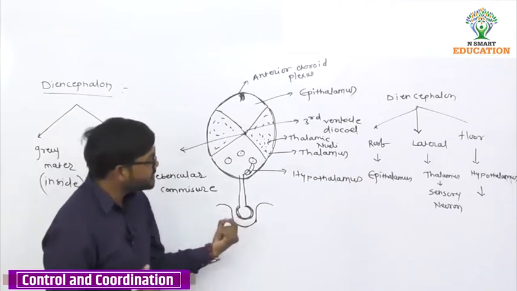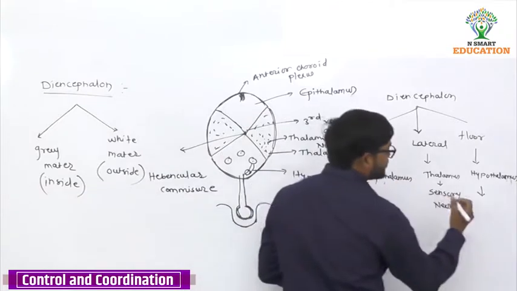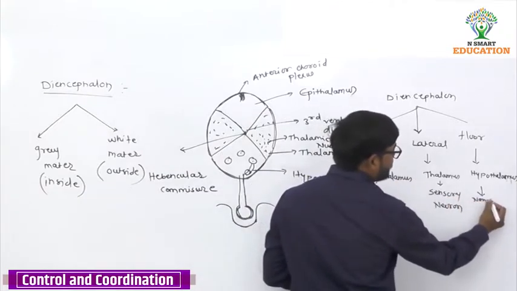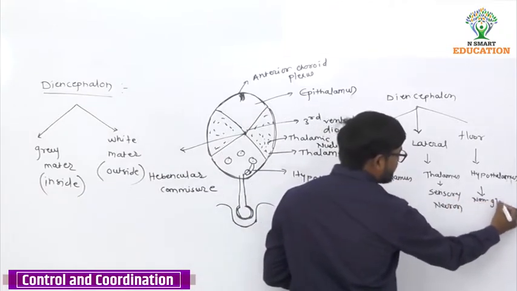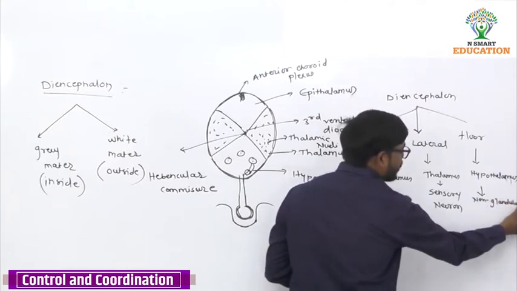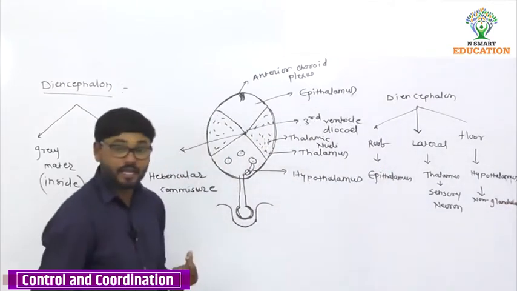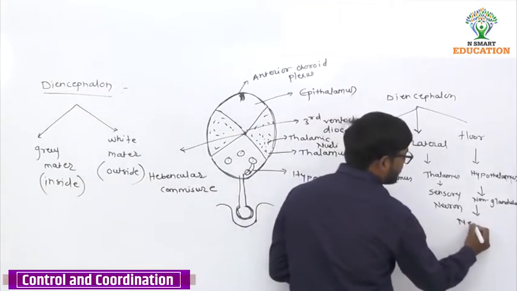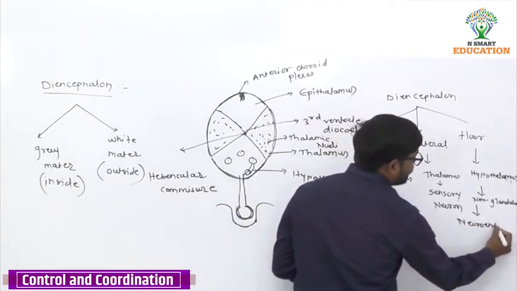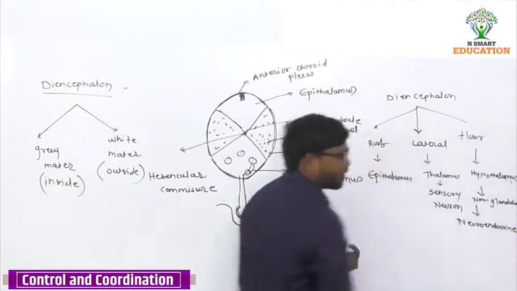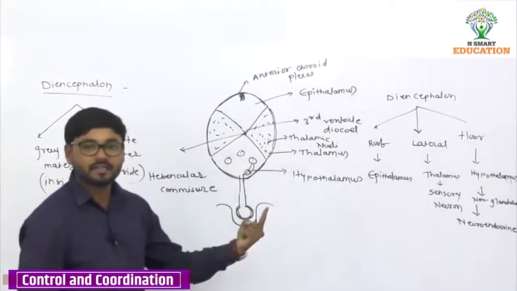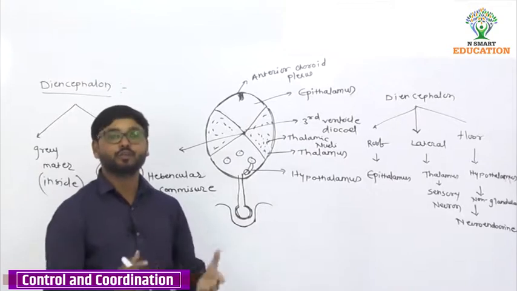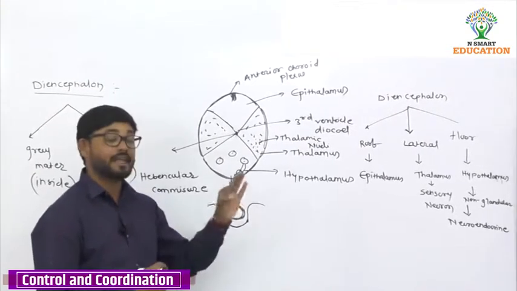Okay, so the hypothalamus is non glandular in nature, not glandular, but neuroendocrine in nature.